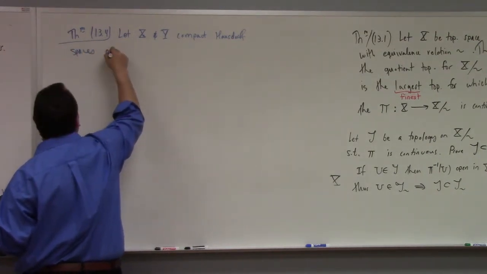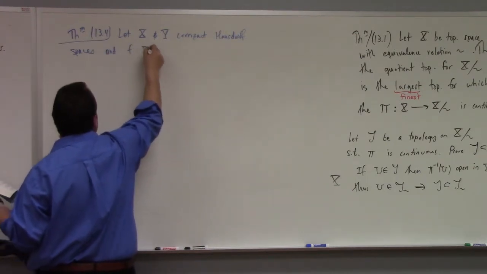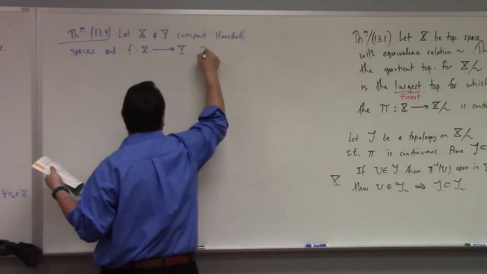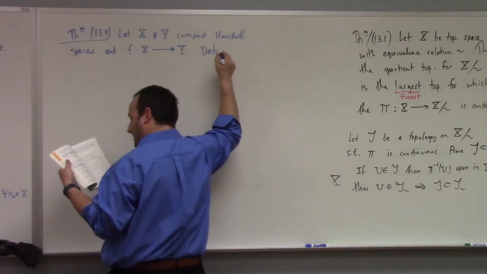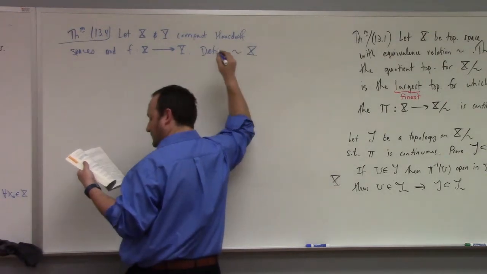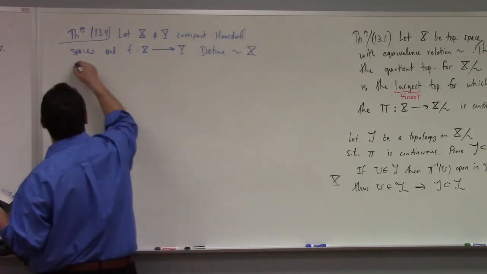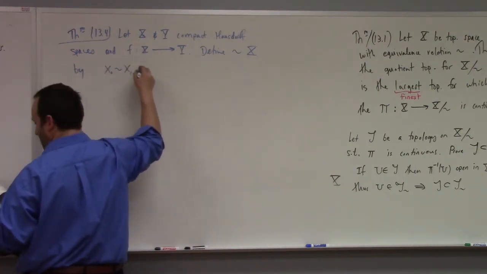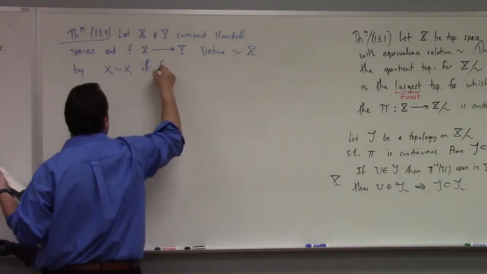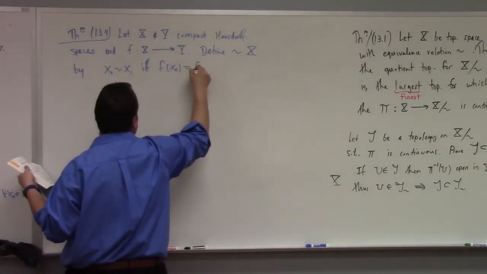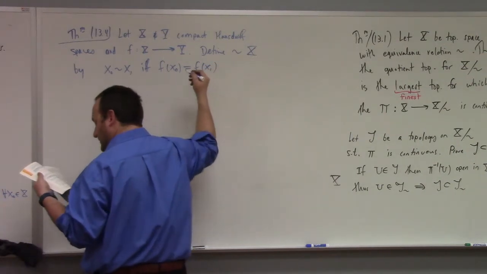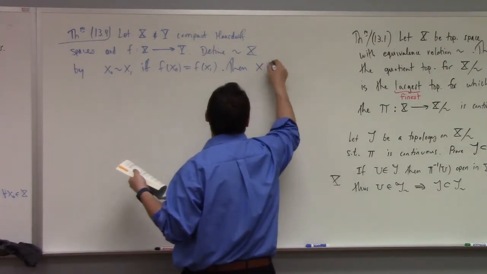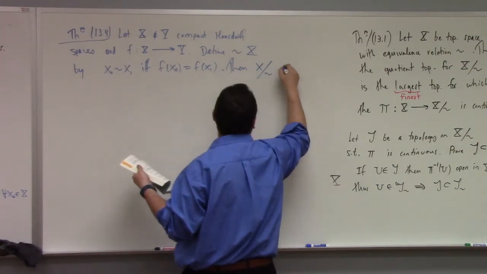And F a continuous function from X to Y. Define an equivalence relation in X by, well, this is the one we were just talking about. X naught is equivalent to X1 if and only if F of X naught equals F of X1, right? In other words, this is the fiber equivalence. Then X mod tilde is homeomorphic to Y.